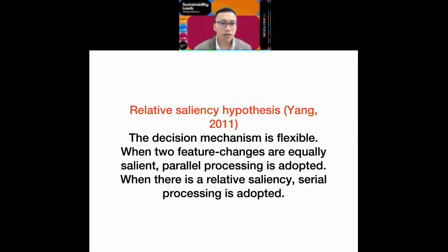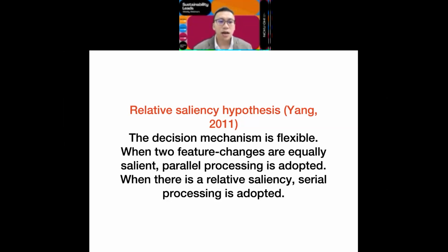When two feature changes are equally salient, which means two features are equally important for decision making, then people will use parallel processing to detect the two feature changes.